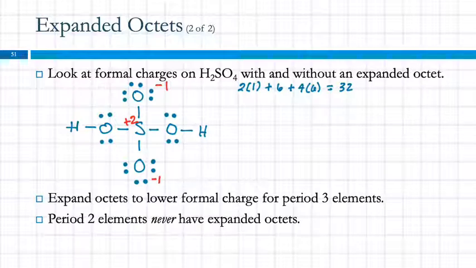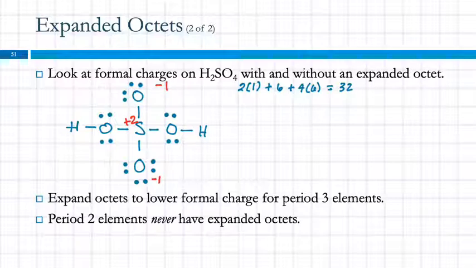It can expand its octet. So how could we lower the formal charge on this oxygen? We could take this lone pair and make it a bonding pair with the sulfur. Then we'd have 2 bonds for the oxygen, and when we count up how much is leaving, it would come out to be the right number.